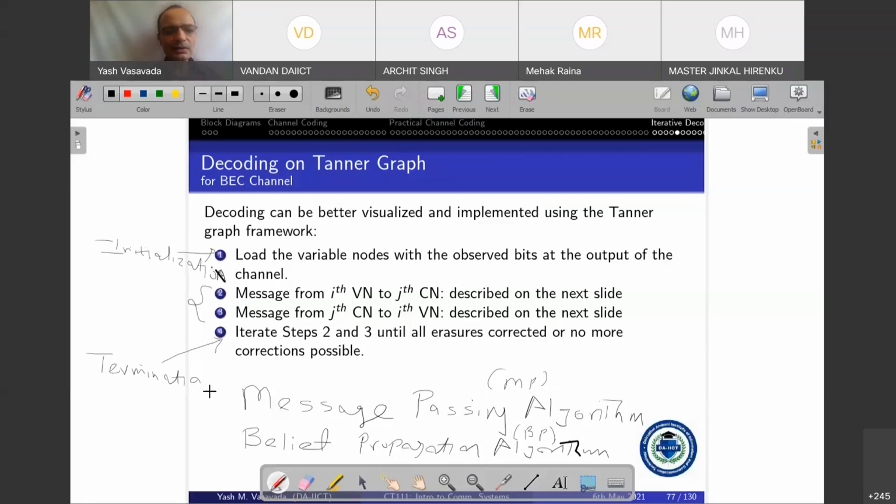This is necessary to decide when to stop iterating. Okay, so this is the main thing. Message passing from the VN to the CN, and then message passing from the CN back to the VN. Remember, we have already loaded the VNs with the incoming bits. And so now these VNs are going to start sending messages to the CNs that are connected to them.